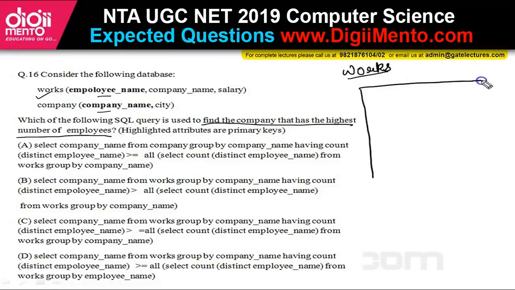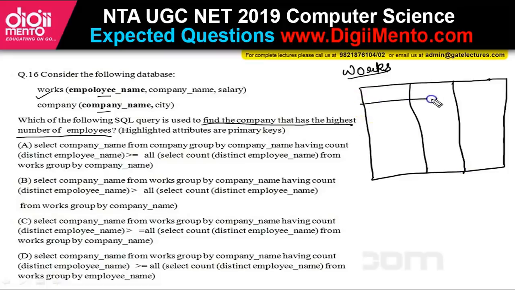Why am I making the table only for works, not for company? I'll tell you. There are three attributes: the first one is employee name, in short EMP name, the second one is company name, CP name, and the third column is salary. Let's fill in some values. The first employee is Jyoti, company SAP, salary 90K.